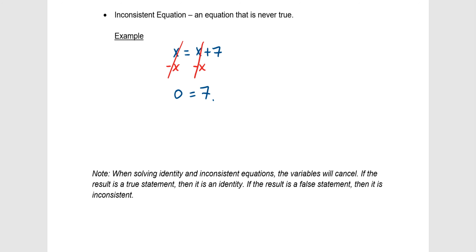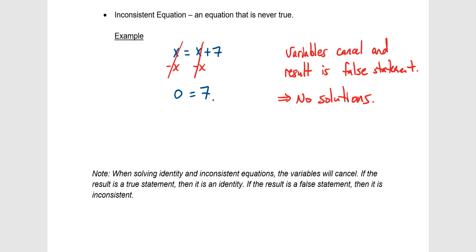This is obviously not a true statement. 0 does not equal 7. The variables canceled and we got a false statement. That means it is an inconsistent equation, so there are no solutions. We saw that a couple examples ago with the rational equations, and I put a little note at the bottom of the page summing up the difference between identity and inconsistent.